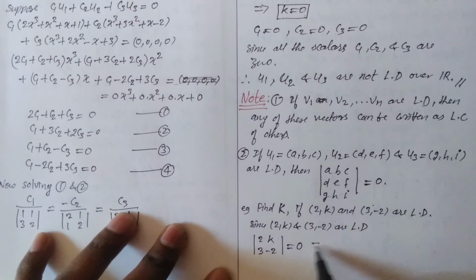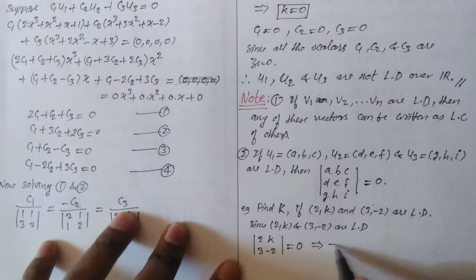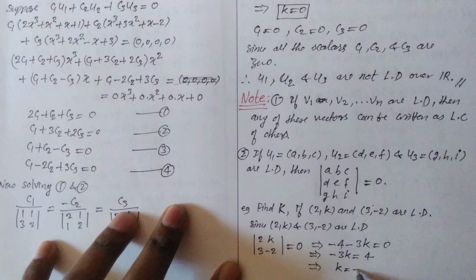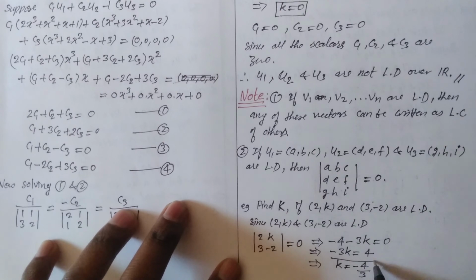So this implies that 2 times minus 2 is minus 4 and minus 3k equal to 0. Expanding the determinant, we will have minus 4 minus 3k equal to 0. So this implies that minus 3k equal to 4. So this gives k equal to minus 4 by 3. So we'll have the value of k is minus 4 by 3.